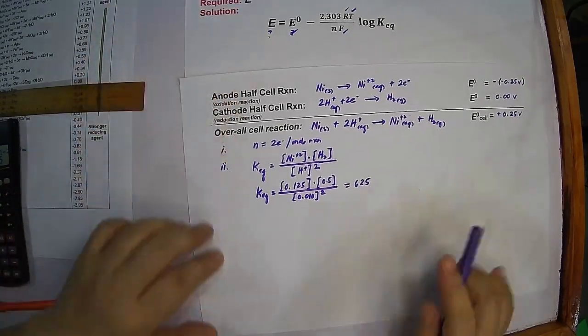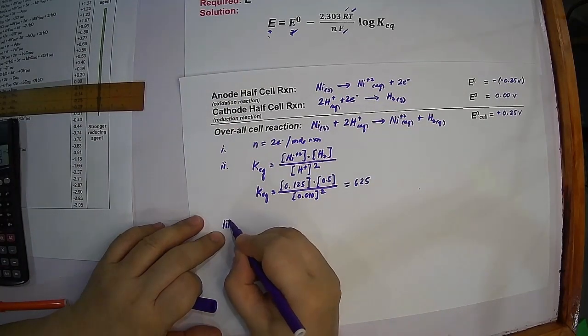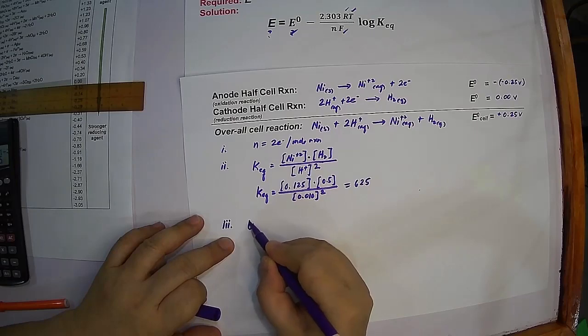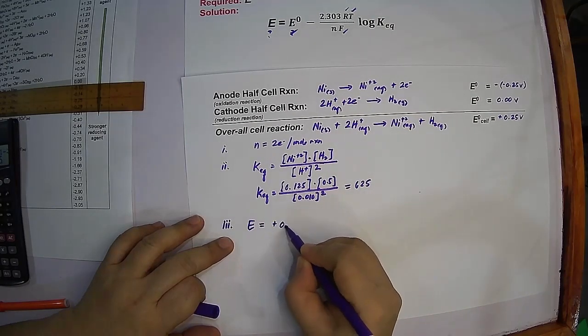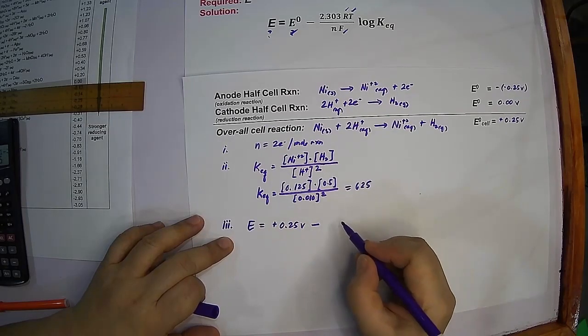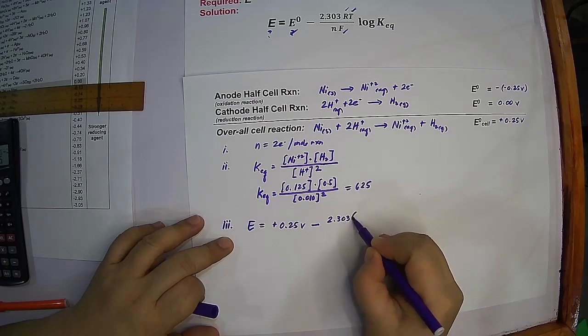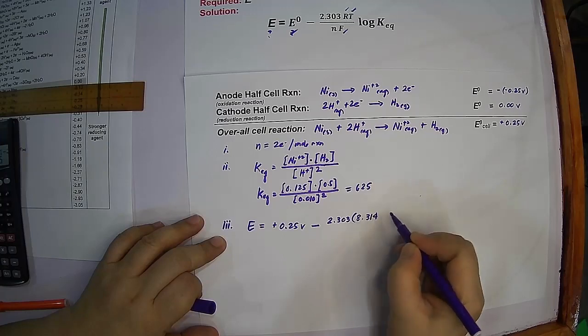so we plug in the value. So the unknown is the potential that is non-standard. We have positive 0.25 volt minus 2.303. The R value is 8.314.